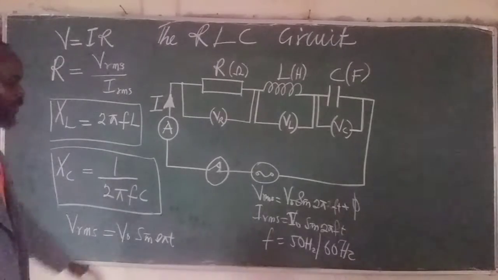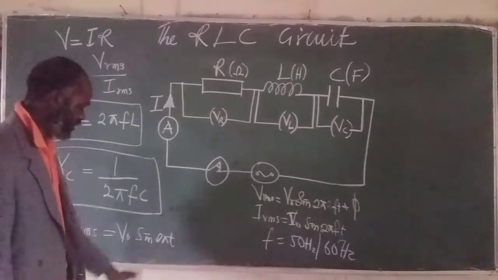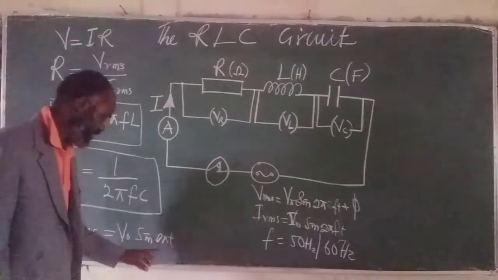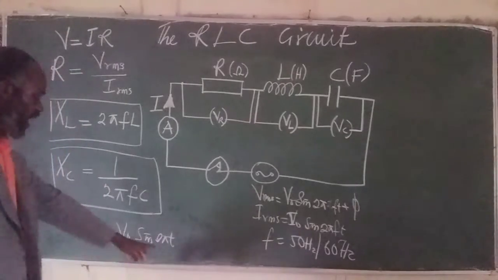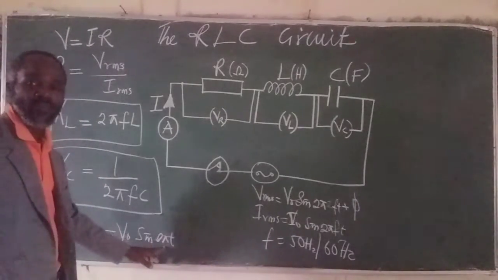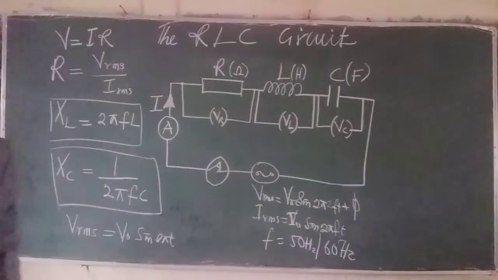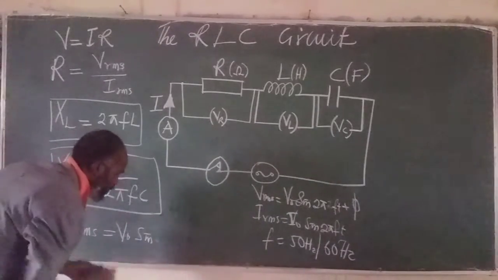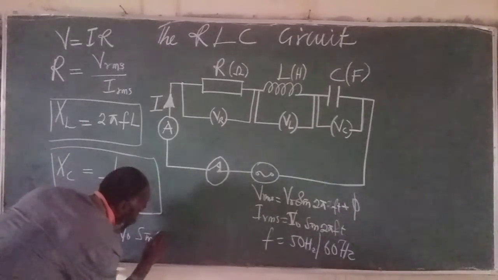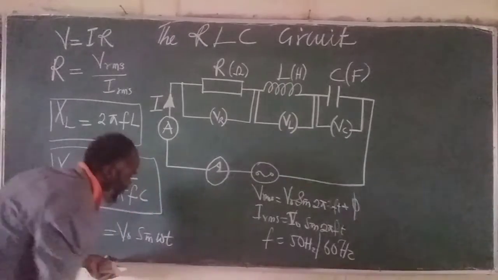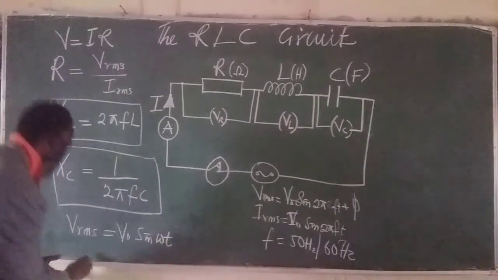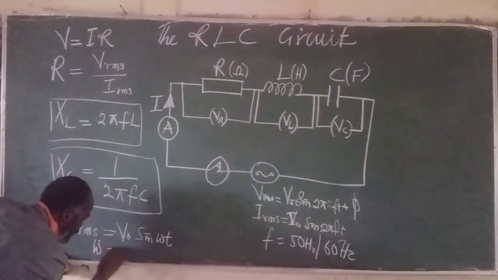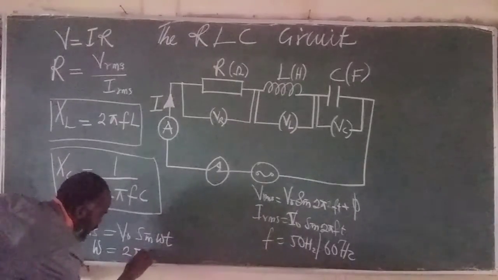Okay? If we have that, or sine omega t, so that is it. If we have this, okay, we can now move on. We can still restate this. We can just put this as sine omega t. All right, we have omega. We can still state omega as 2 pi f.